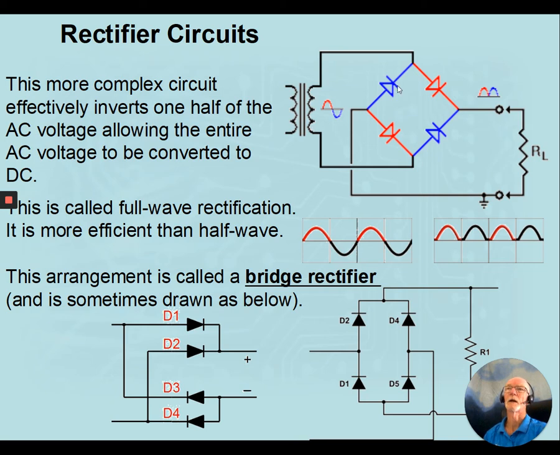So in each half cycle, our output uses two of the four diodes. Once again, this is called full wave rectification. And our output, as you can see, we now have all of the AC coming in gets rectified into DC, or pulsating DC as we call it.